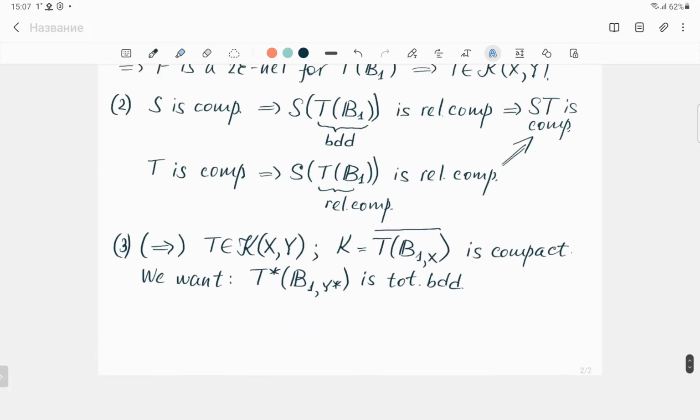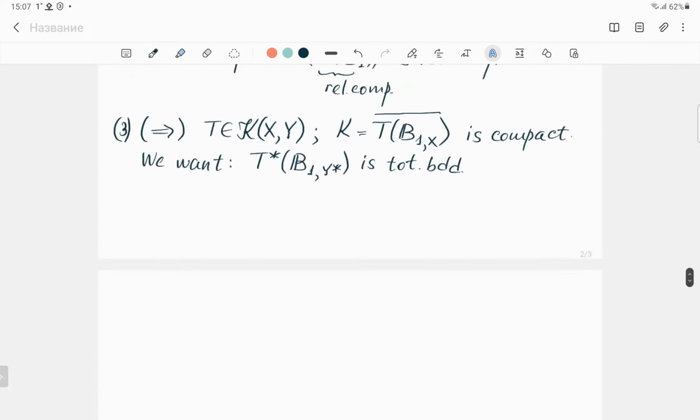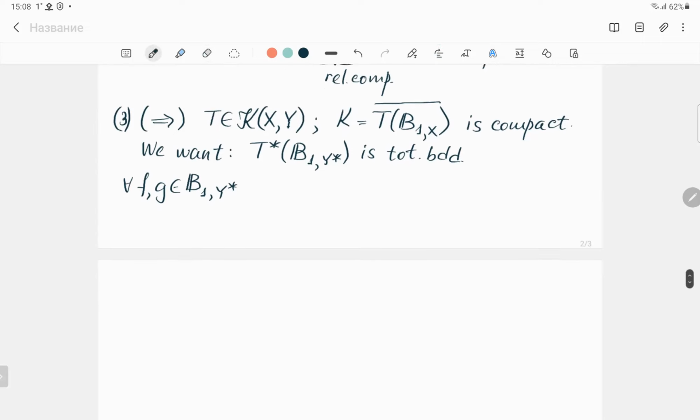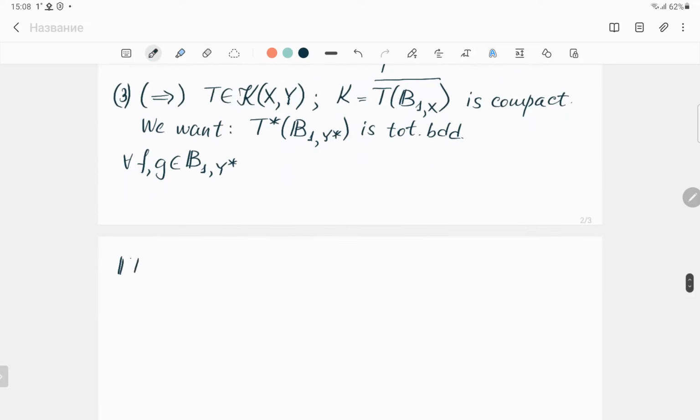So we start with the following little calculation. So we take 2 elements f and g in the unit ball. And let's look at the distance between T star of f and T star of g.